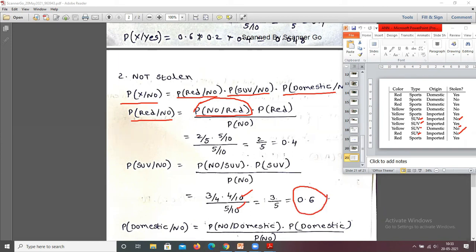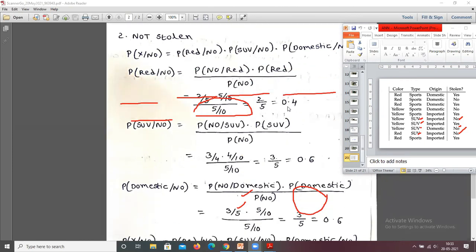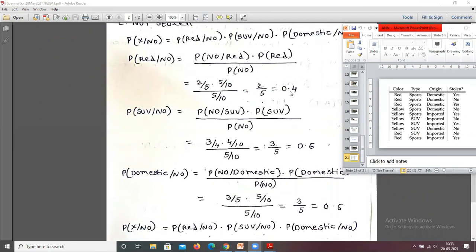And the next one, probability of domestic given no. That equals probability of no given domestic into probability of domestic divided by probability of no. Domestic means here we have 1, 2, 3, 4 and 5.